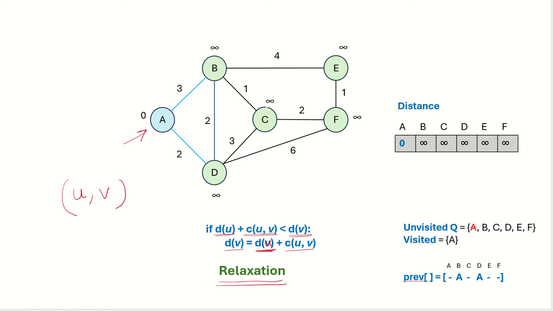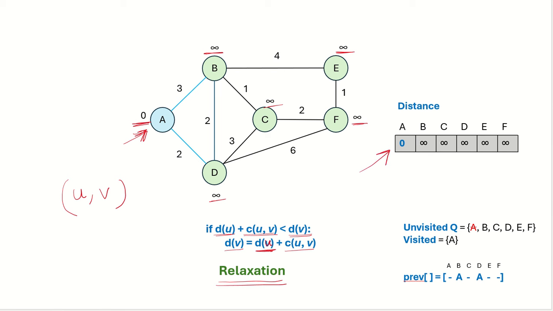So let's say we have chosen this source vertex A. Currently, the distance of other nodes is unknown, so we put in infinite as the distance of these nodes from the source node. And for the source node itself, the distance to itself would be 0.